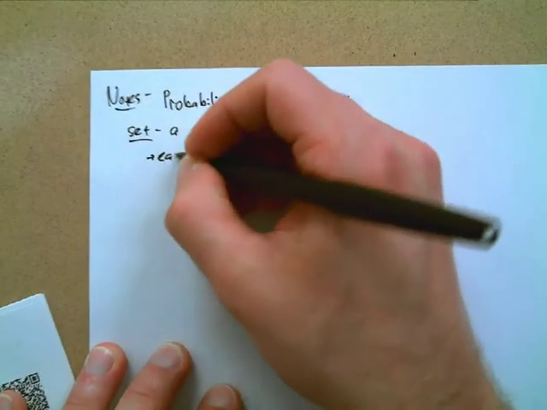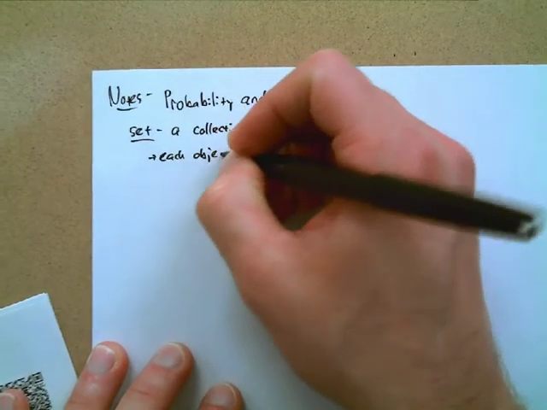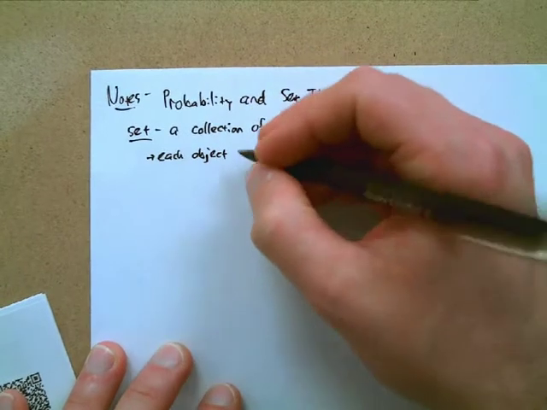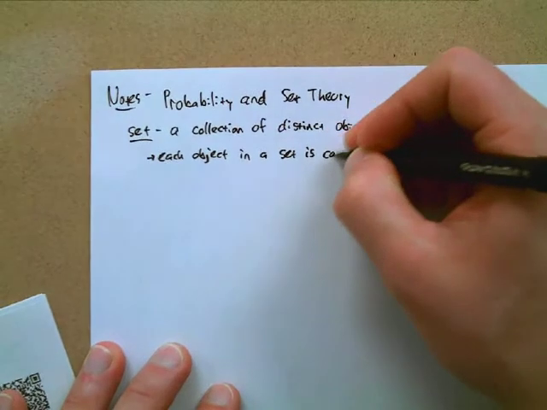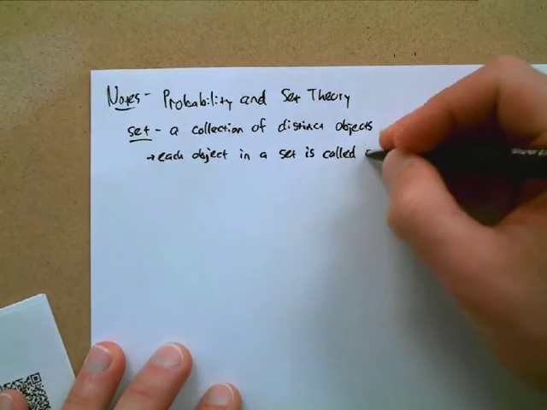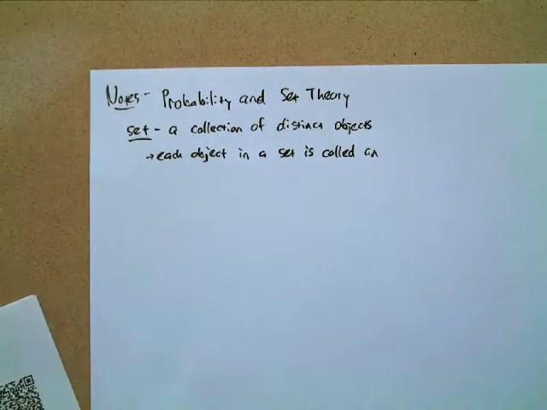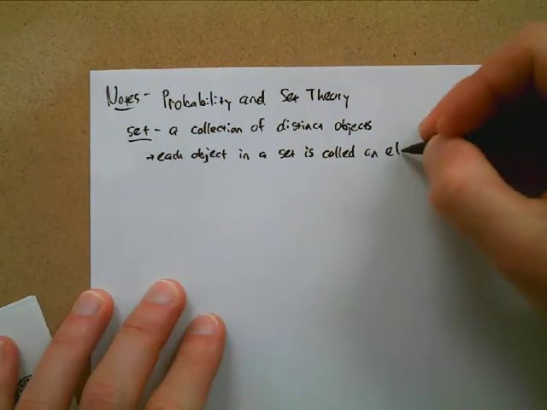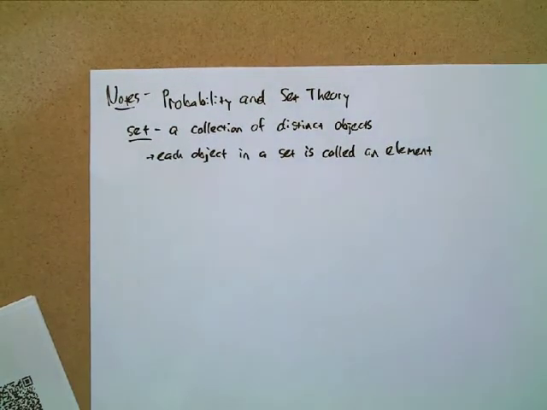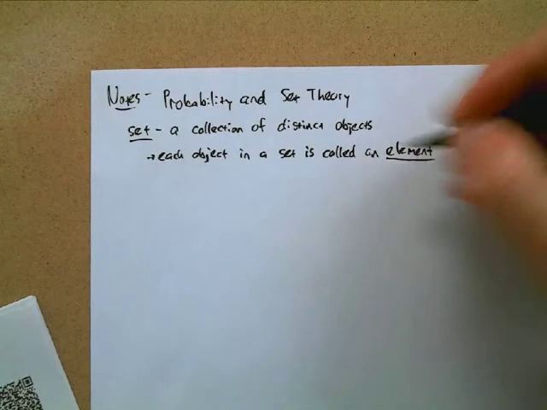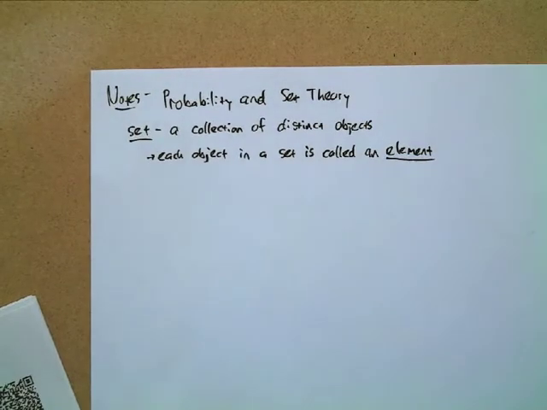Each object in the set is called, and again, do you guys remember this at all? Is this familiar at all? Each object in a set is called an element of the set. So a set is a collection of distinct objects. We could also say it is a collection of distinct elements, right?